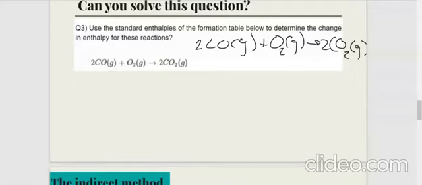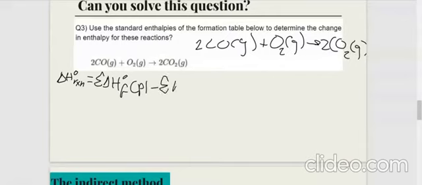Okay, the equation is delta H Rxn equals this delta H for the products minus the sum of delta H of the reactants.